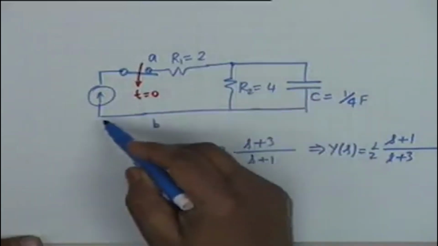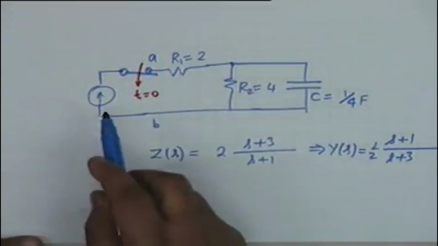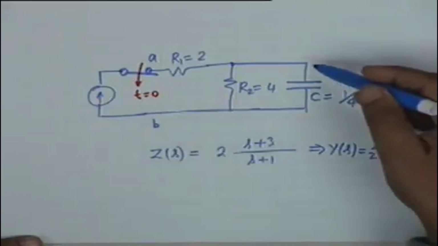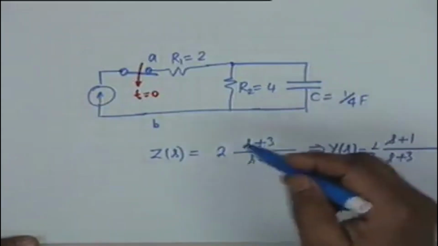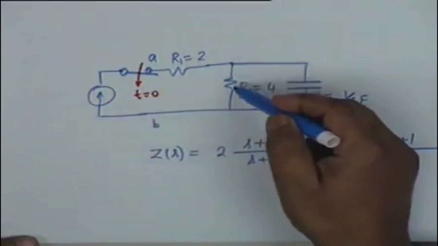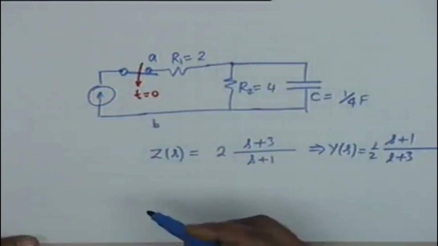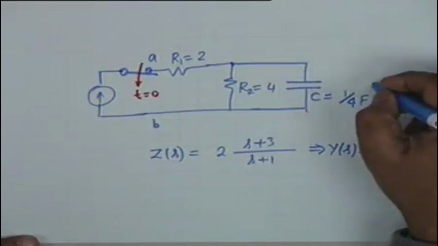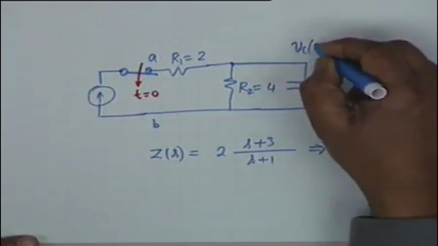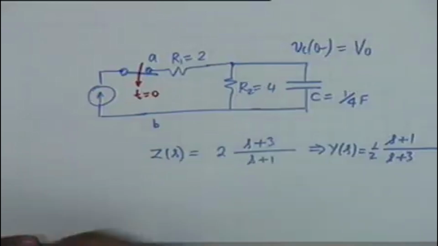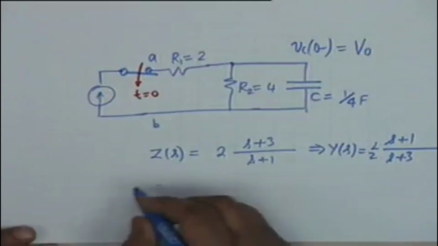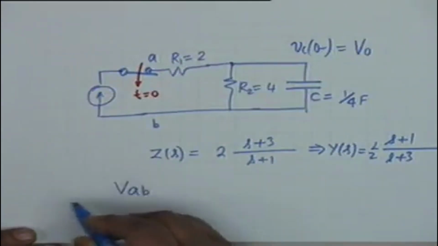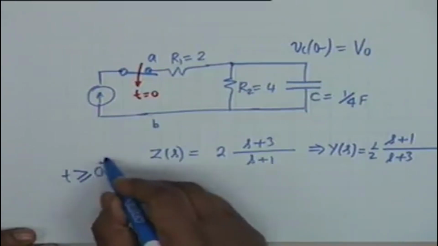Now when this current source is here, the capacitor accumulates a voltage, because the current passes like this and it charges the capacitor. Suppose at t equal to 0 minus, Vc of 0 minus, the capacitor accumulates a voltage of V0. Now the switch is thrown open. What you have to find out is VAB for t greater than or equal to 0 plus.